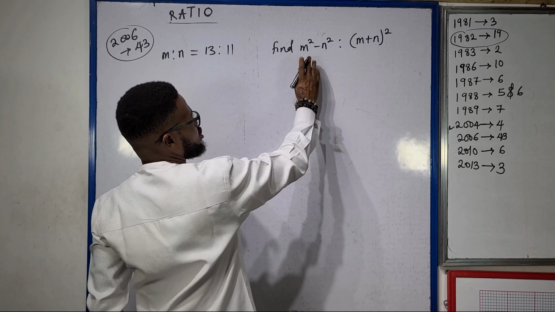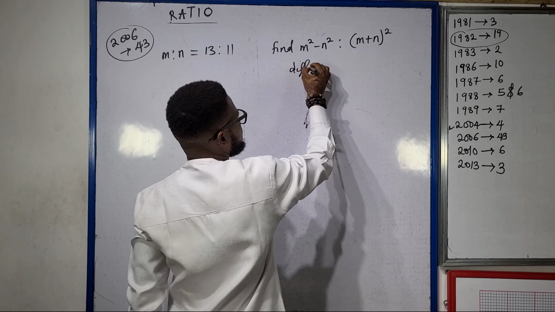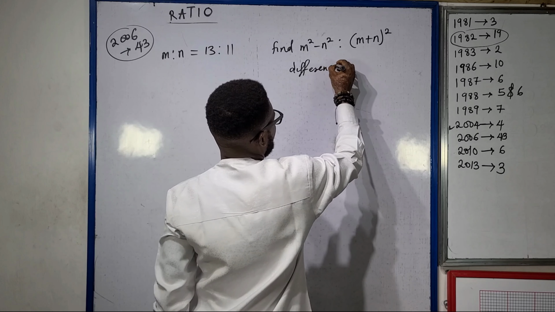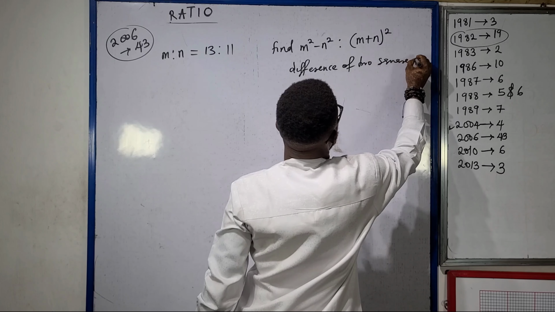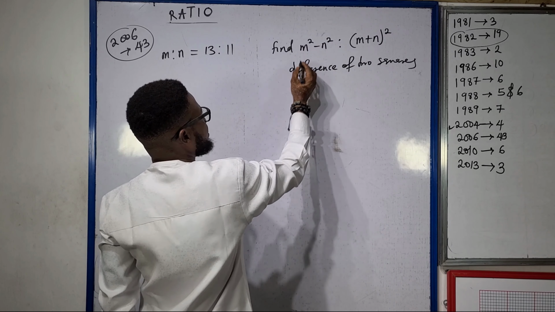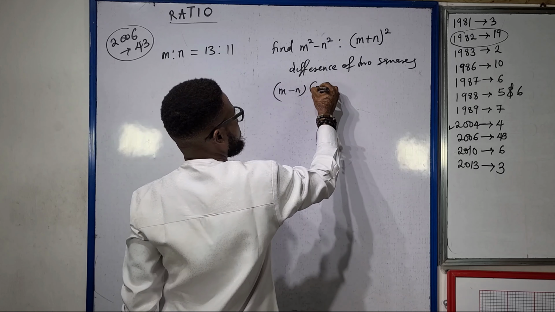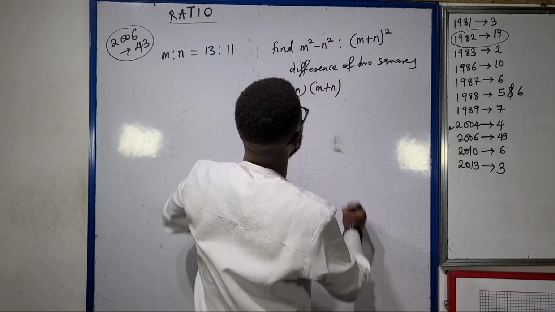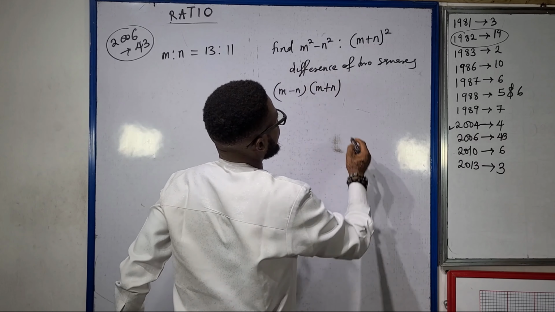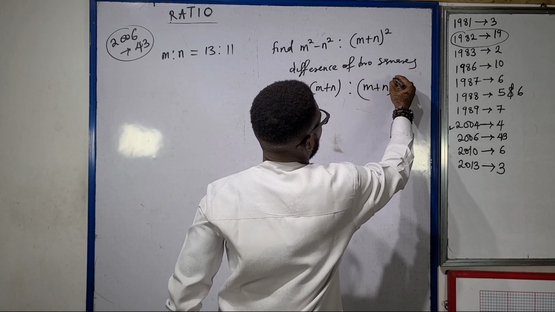Normally in mathematics, when you have two terms squared like this, you talk of what we call difference of two squares. So that means m minus n, m plus n. That is how you represent difference of two squares, ratio m plus n all squared.